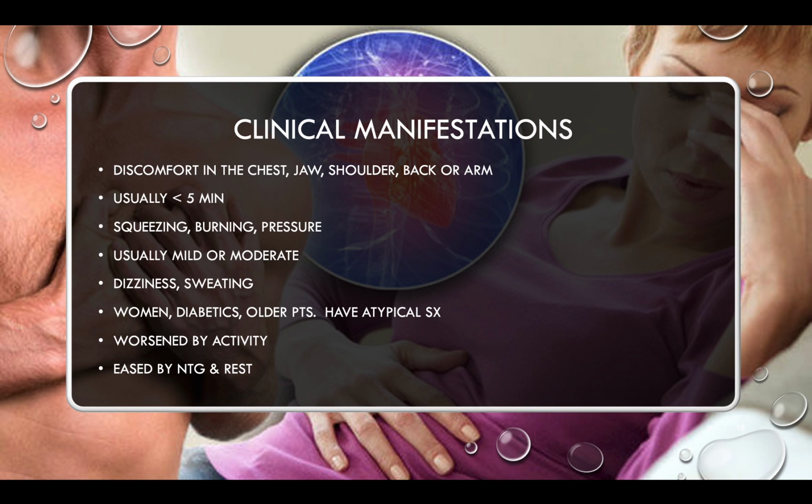Women sometimes have atypical type symptoms. Sometimes I've seen them just be fatigued or ultra tired. They have like GI upset. They just don't feel good. So we just have to be really aware that some people have atypical symptoms of chest pain or angina.